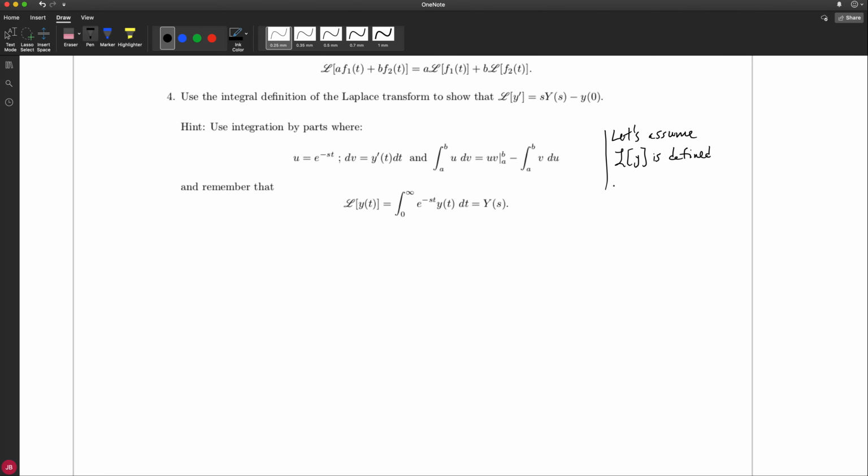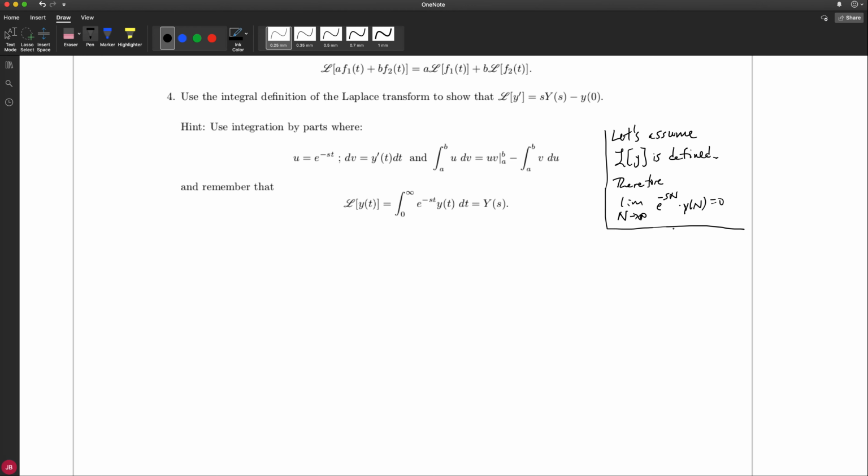And the reason for that is, therefore, assuming this, we get the following relation, that the limit as, and now I'm going to use the letter n for reasons that you'll probably see in a couple minutes, goes to infinity of e to the minus s times n times y of n equals 0.